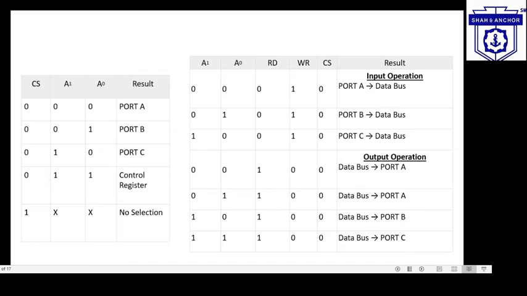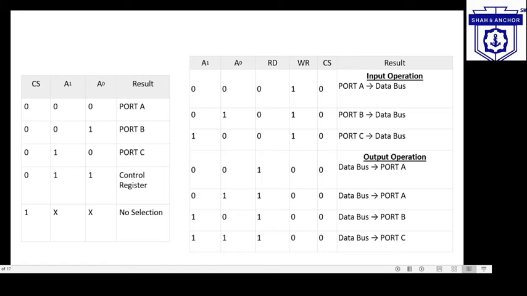If you go for the output operation, what changes will there be? Definitely the WR pin becomes 0 and the RD pin becomes 1. And to perform the output operation, we are using port A, port B and then port C. But if we see the table, we can see that if we have the combination of 001 and 011 for A1, A0 and RD, we are using port A as an output port.